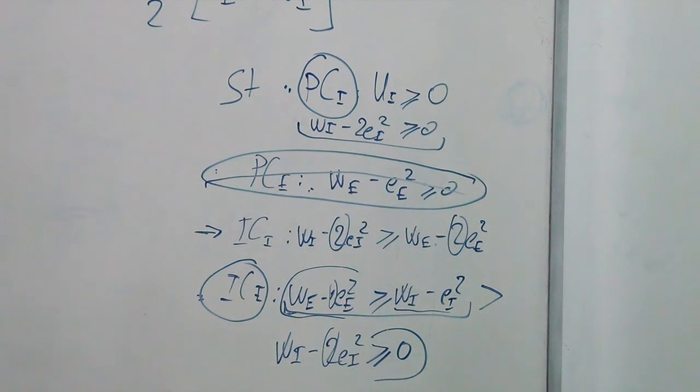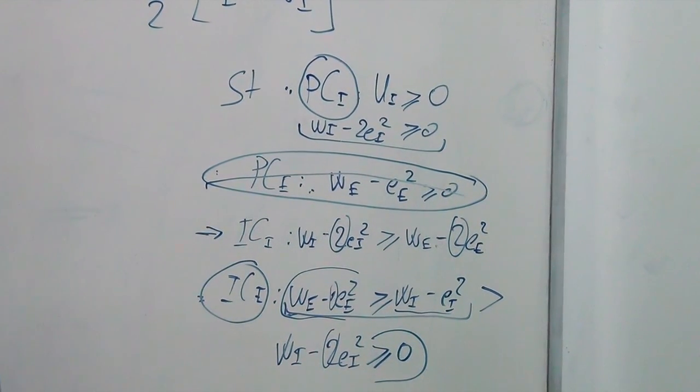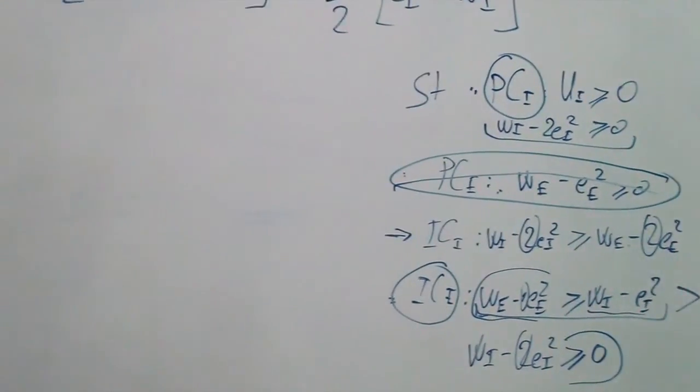Now we're going to use the Mirrlees trick, 1971, which basically uses the envelope theorem and makes it quite easier to make the computations and solve this problem.